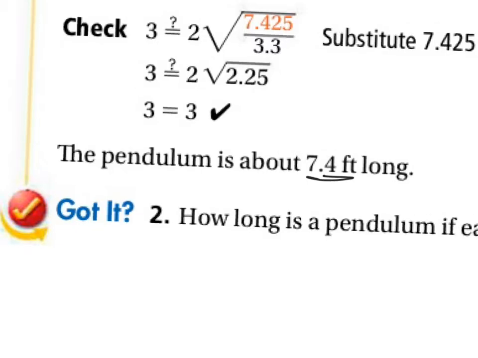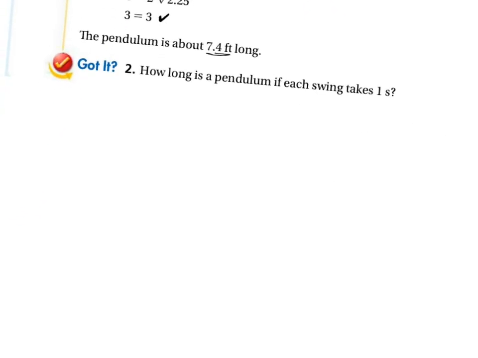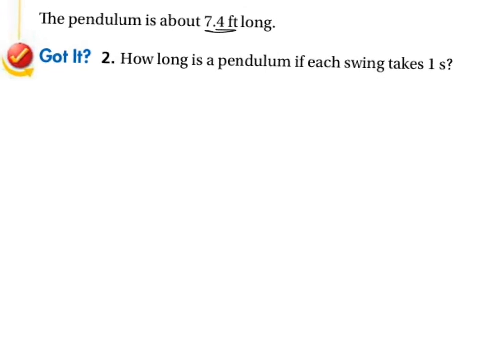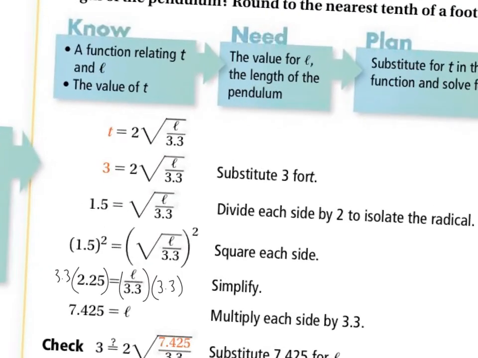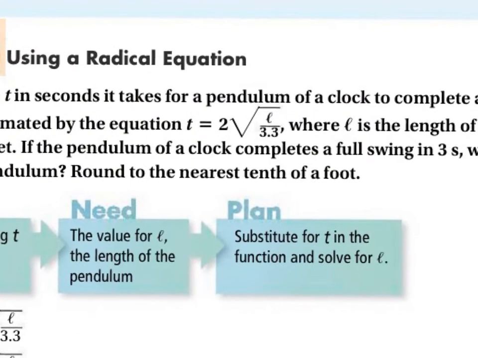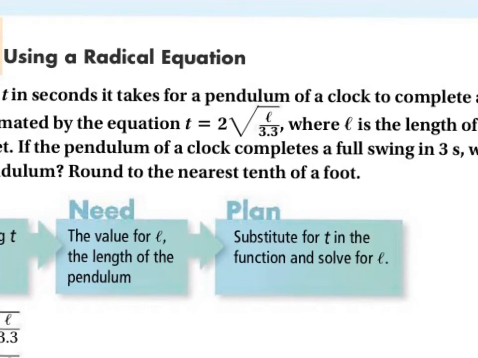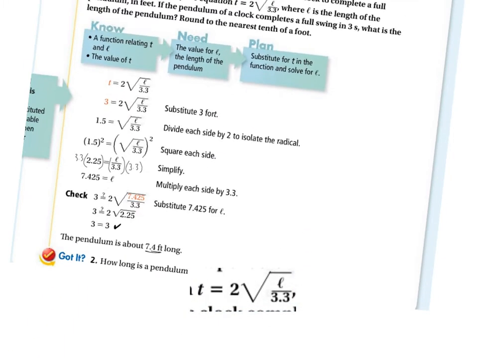So if we look at the got it, how long is the pendulum if each swing takes 1 second? Again, we'll just start with the formula that they gave us. So here's our formula.